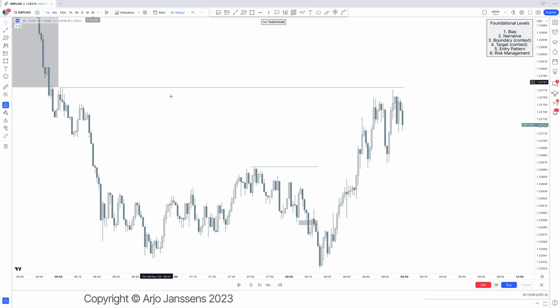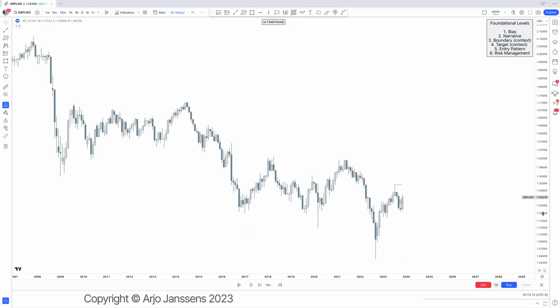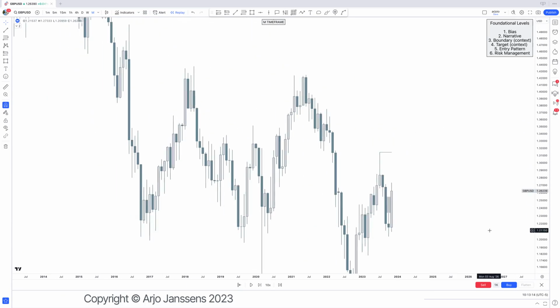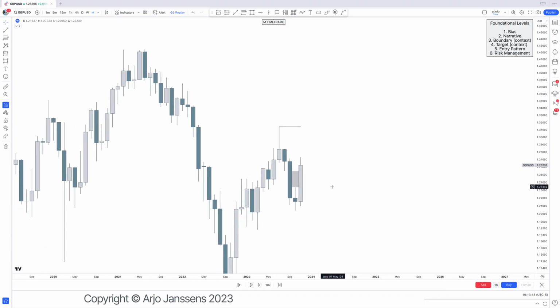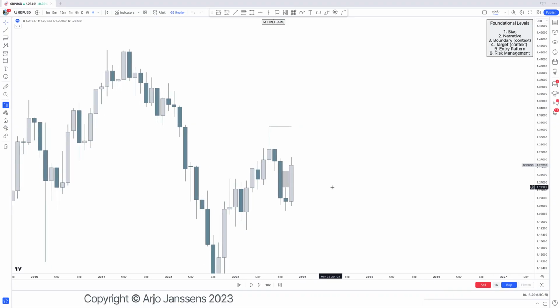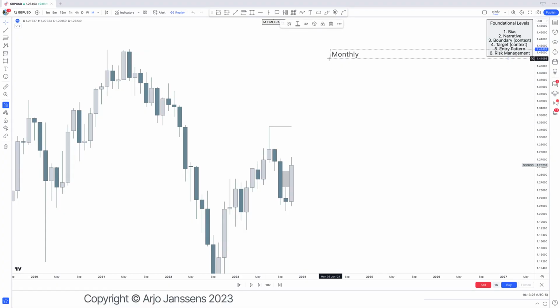Where if we take it one step back, then let's delete all this. On the monthly time frame, we had this. On the monthly time frame, the protected high was this high, and we could continue lower off of this premium array. So the monthly check was in context. Monthly in context most likely also leads to your daily and your weekly, or at least your weekly being in context.